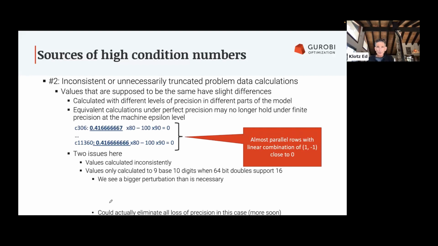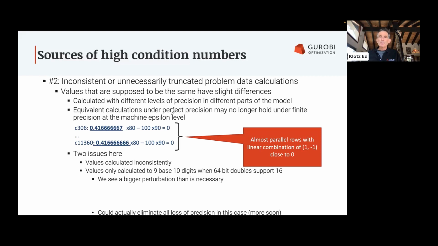Okay, source number 2 is inconsistent or unnecessarily truncated problem data calculations. Now, this involves values that are supposed to be the same but have slight differences. These can arise because models can evolve over time, or different parts of the model may calculate things differently.